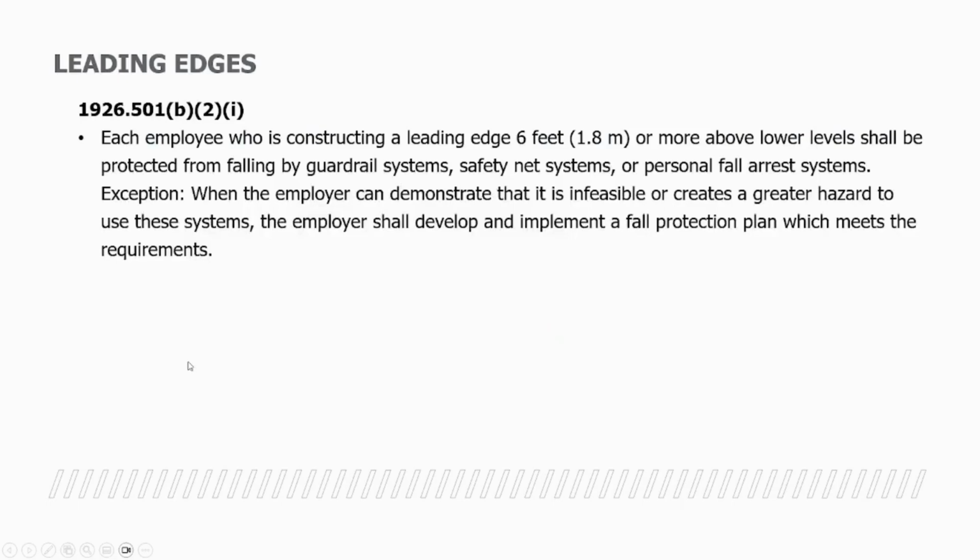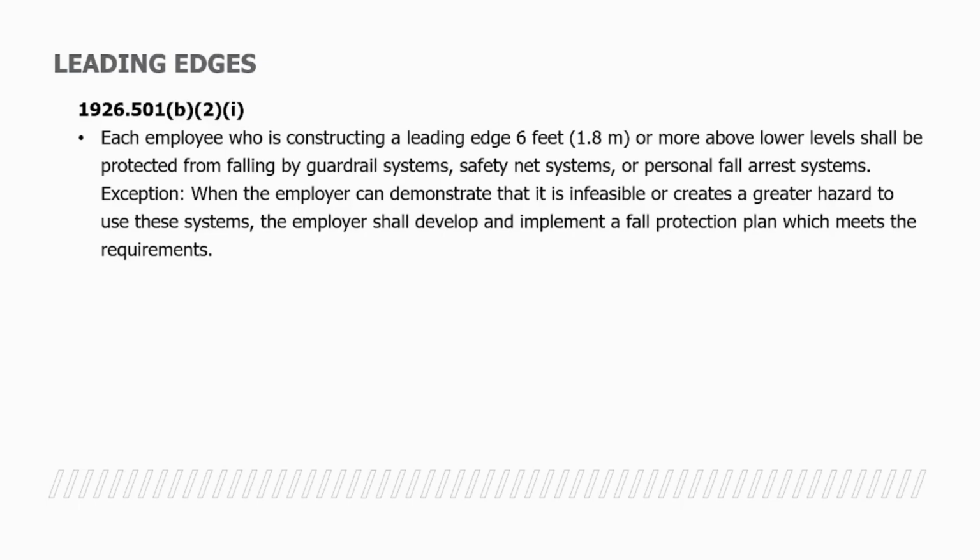On to the next part, the leading edges in 1926.501, Section B, 2I. The 1926 is the construction standard. Each employee who is constructing a leading edge 6 feet or more above lower levels shall be protected from falling by a guardrail system, a safety net system, or a personal fall arrest system.